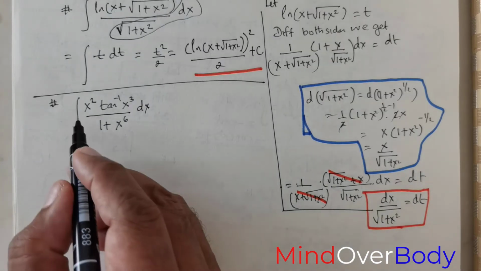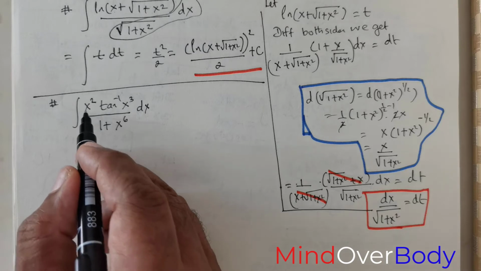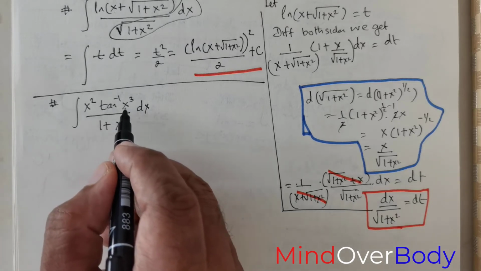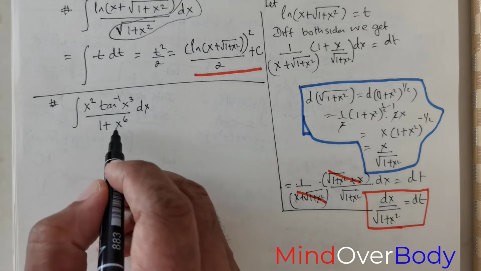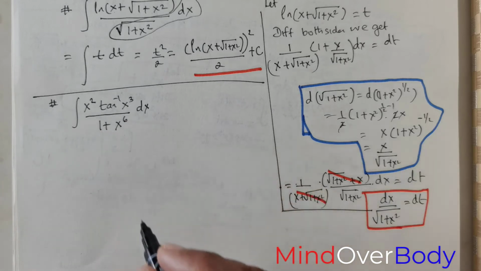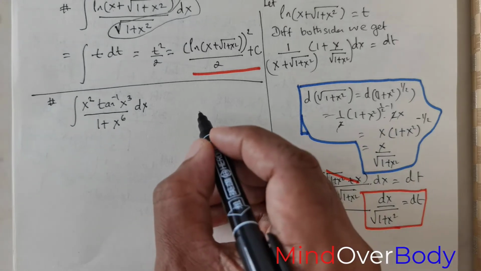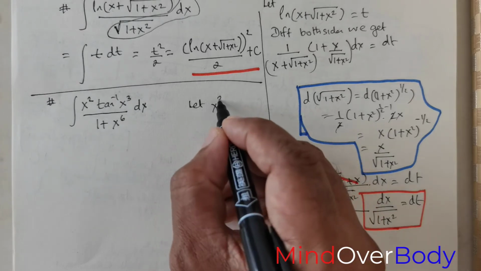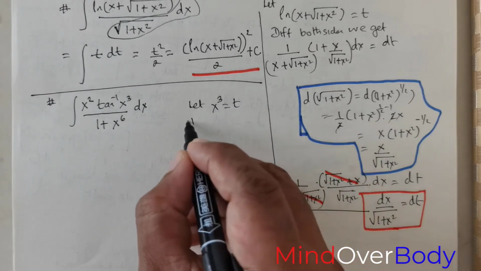Students, we are expected to integrate the integral of x raised to the power of 2 times tan inverse of x raised to the power of 3 over 1 plus x raised to the power of 6 times dx. Now this is a classic illustration for multiple substitution. So foremost, let x cubed be equal to t.